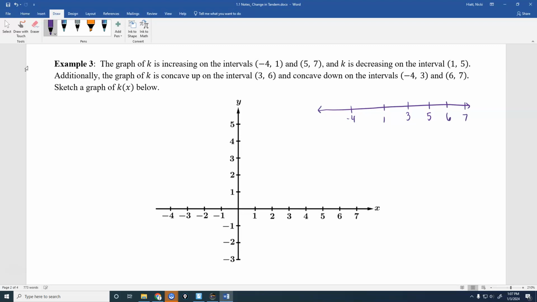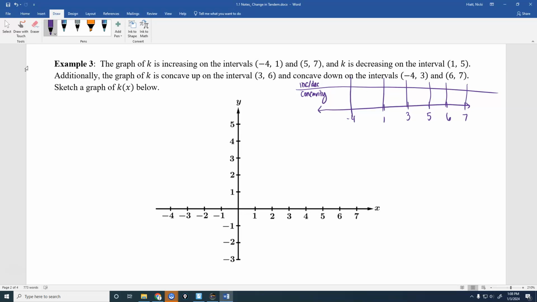I'm about to run out of room right there. All right, and I like to make myself a little chart where I talk about increasing, decreasing, and concavity.